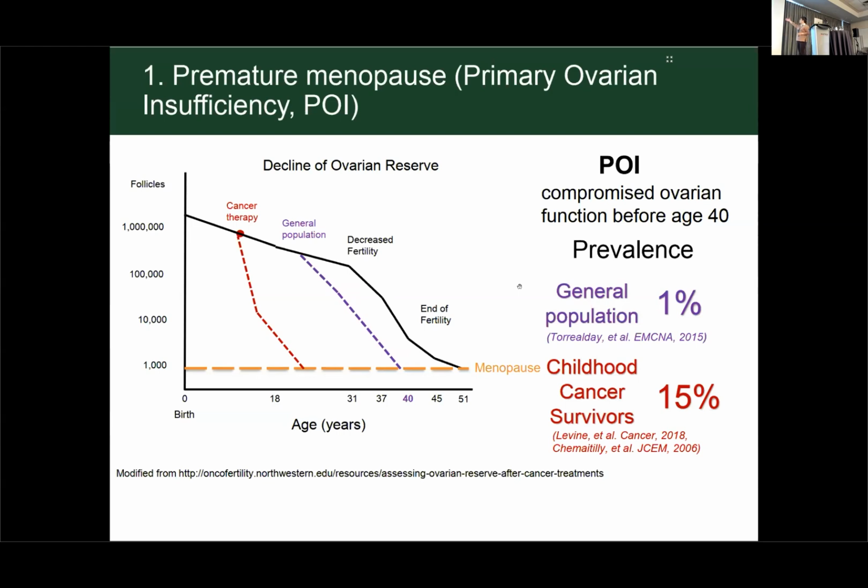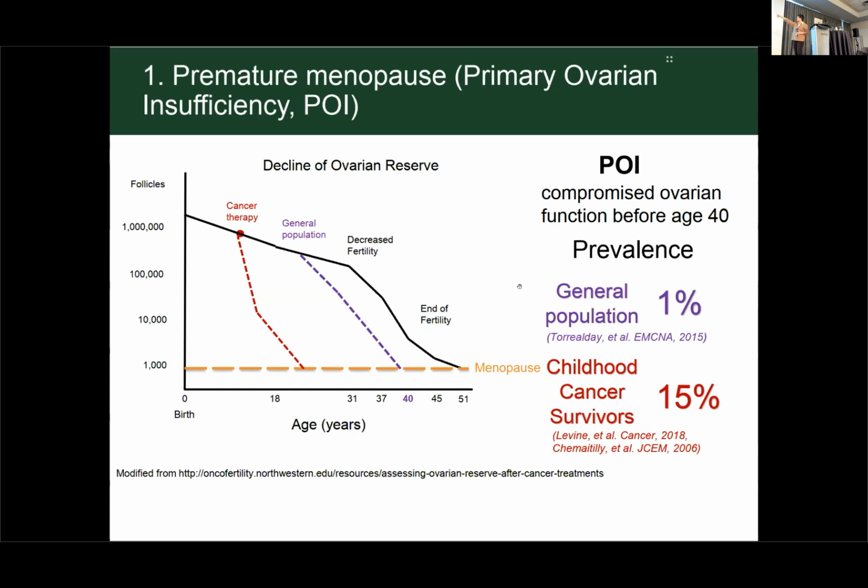It basically means compromised ovarian function before age 40. The prevalence in the general population is about 1%, but in cancer survivors it is about 15%. So it would be very useful from the clinician's point of view to counsel the patient on whether they have a higher or lower risk of this particular fertility implication of the cancer treatment.